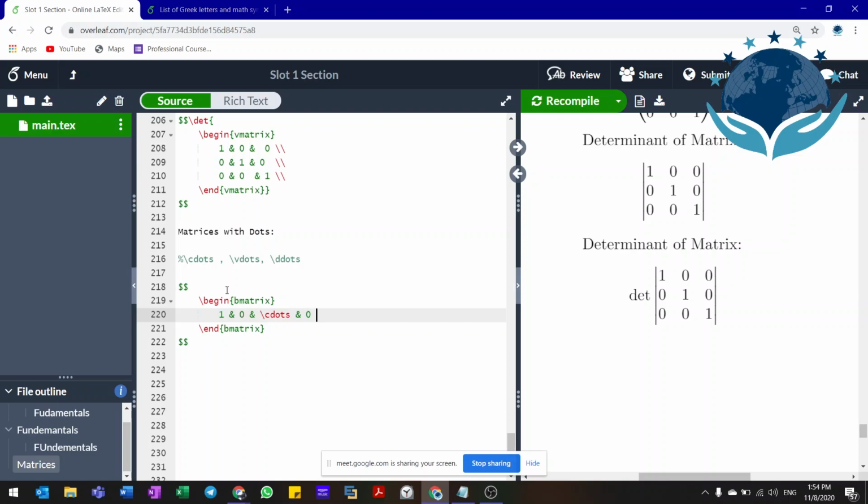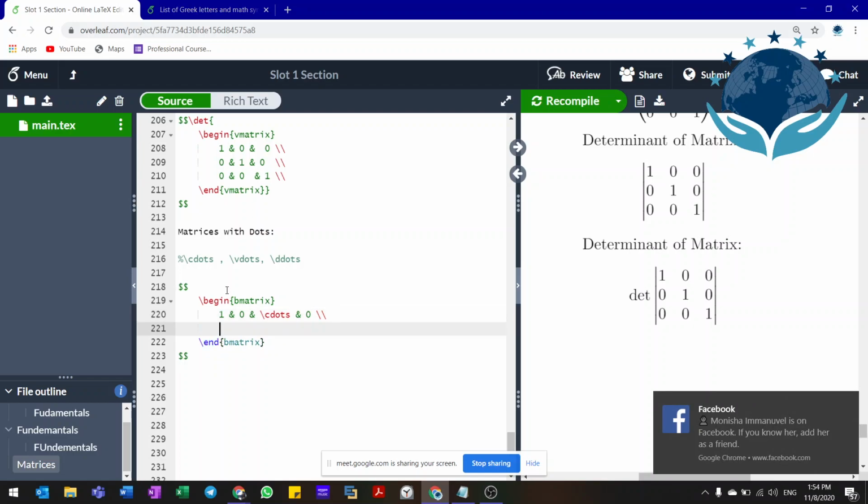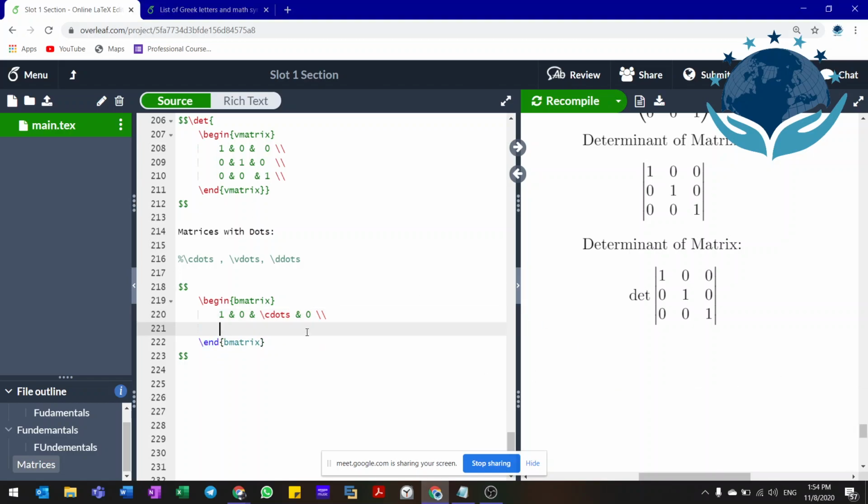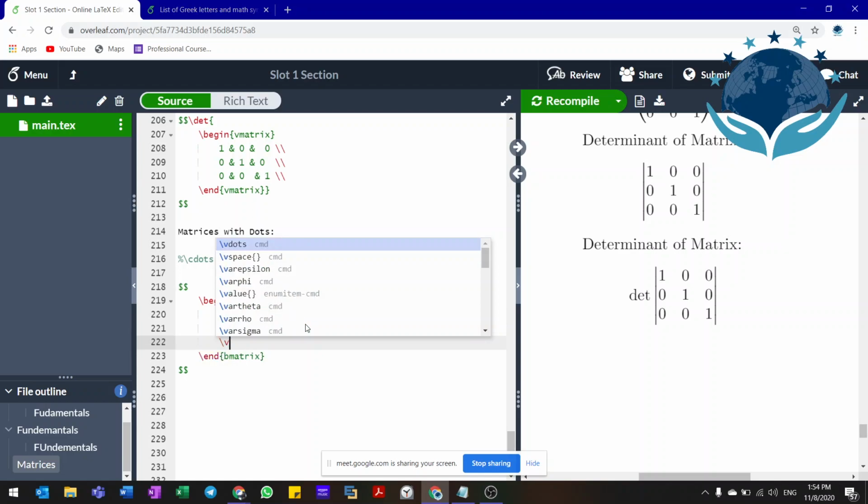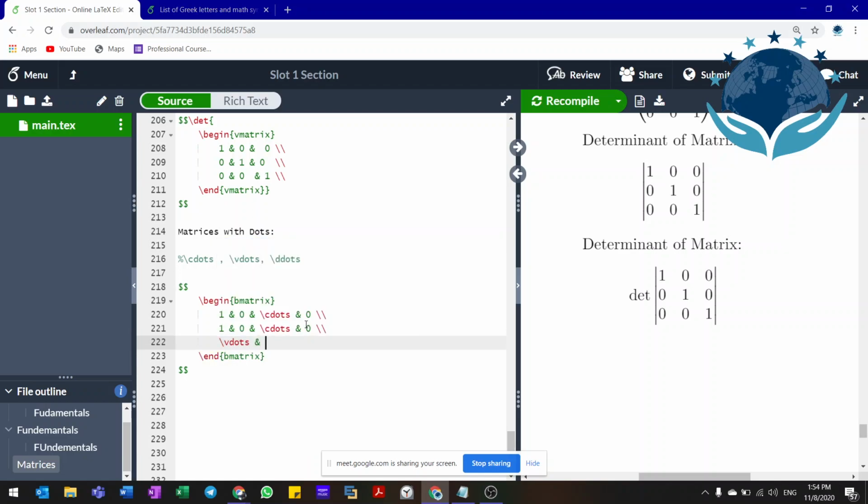Ampersand, the last element is going to be 0. In the next row, the same thing: 1 ampersand 0 ampersand c dots ampersand 0. In the next line we don't want to repeat it again, so we use the vertical dots: v dots ampersand, again v dots.